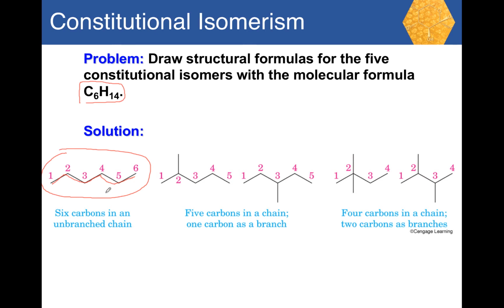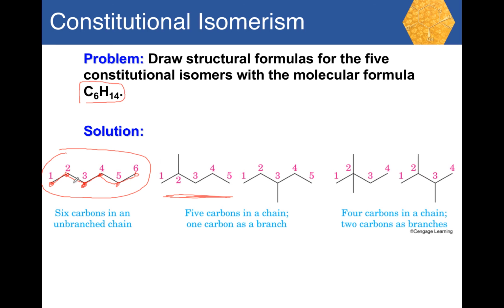Just to remind you, the hydrogens aren't shown, but this is CH3, CH2, CH2, CH2, CH2, and CH3, because there are 4 bonds to each carbon. This formula here is the same chemical formula C6H14.